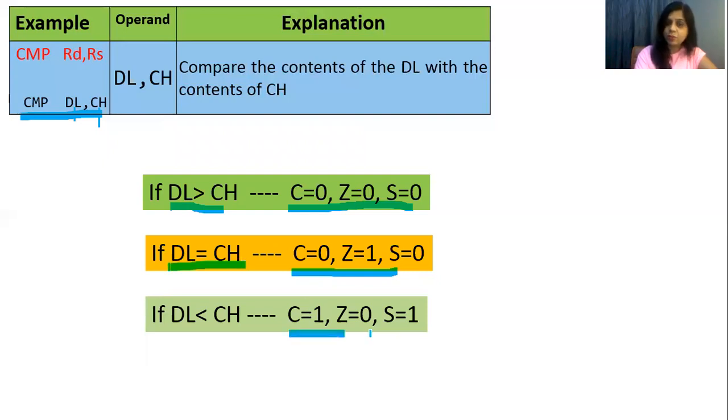And if we get this pattern, then conclude that DL holds a smaller number than CH. So this is how we are supposed to use the compare instruction. The compare instruction is used multiple times in various applications in 8086 programming, and it is a very, very important instruction.